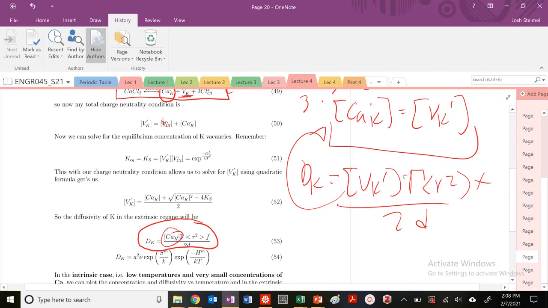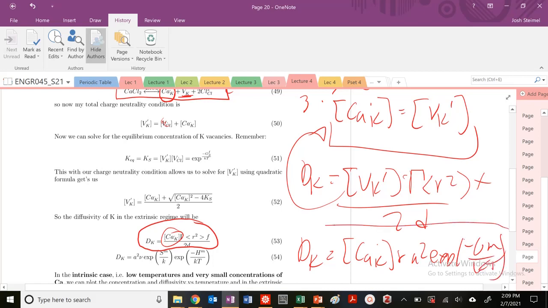Does this have anything to do with our concentration or our temperature dependence? No. So instead, your diffusivity is just going to be this concentration times your nu a squared exponential minus gm over kT. That's it. That's your expression for the extrinsic reaction.